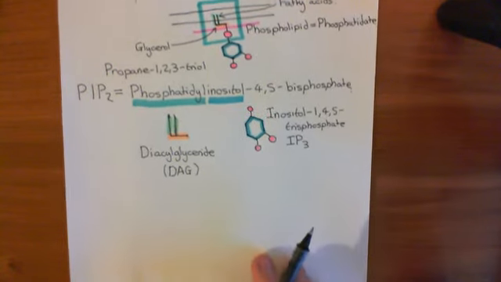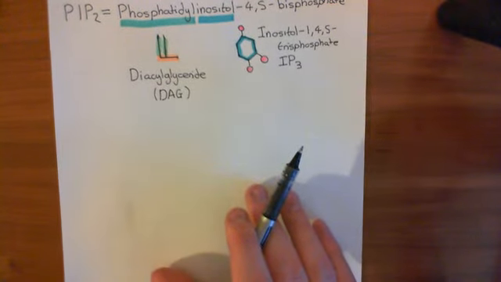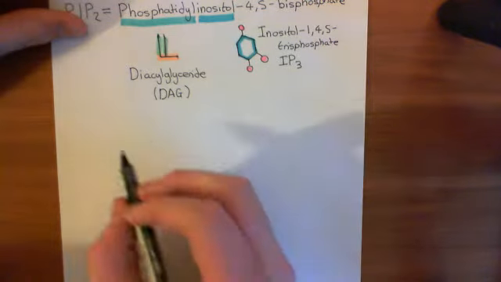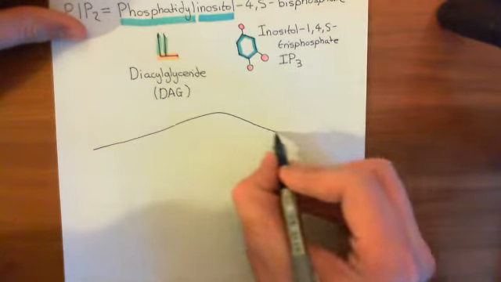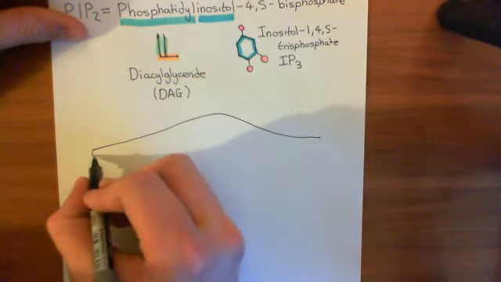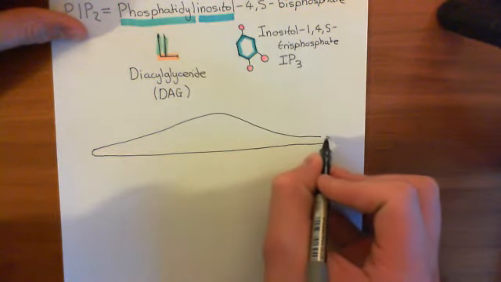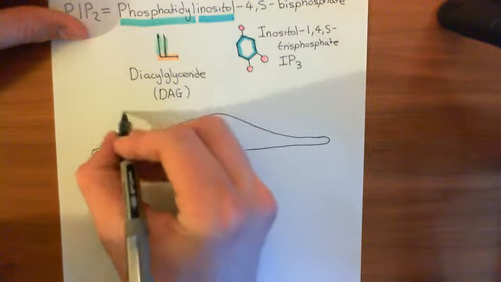Okay, so now what we need to discuss is the fact that IP3 will be going up in the entire endothelial cell. So if I draw the endothelial cell back again, so here's our endothelial cell here. Now, most of the endothelial cell is exposed basically to the blood. So this is the blood here.